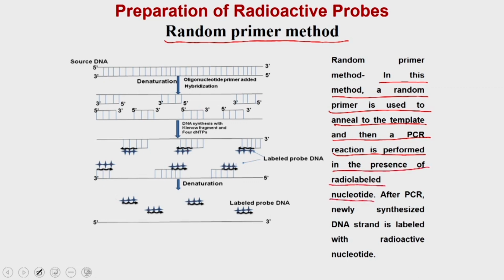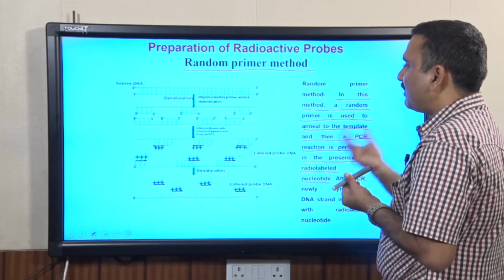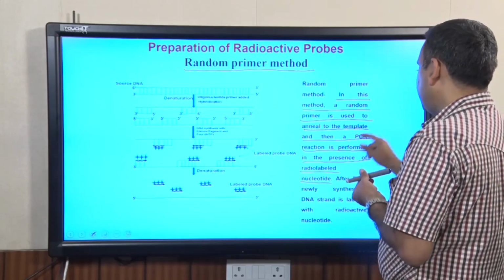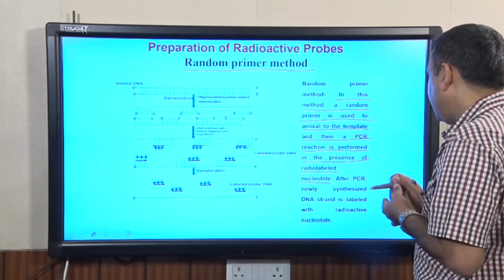Normally when you do PCR, you use non radioactive nucleotides, whereas in this case, for the gene or the stretch of DNA which you want to use as a probe, you will put in a random primer and do a PCR in the presence of radio labeled nucleotide.